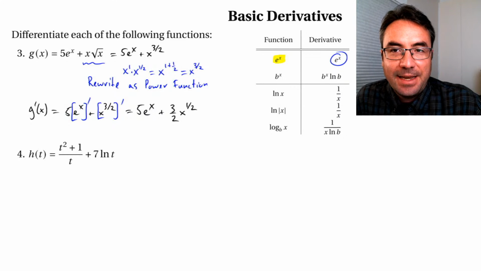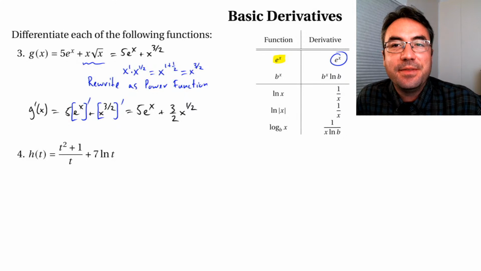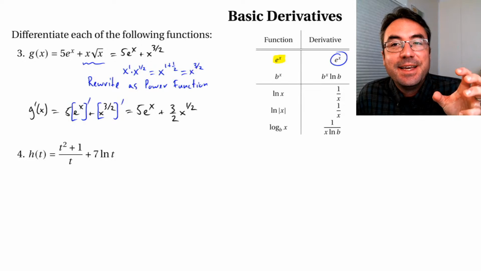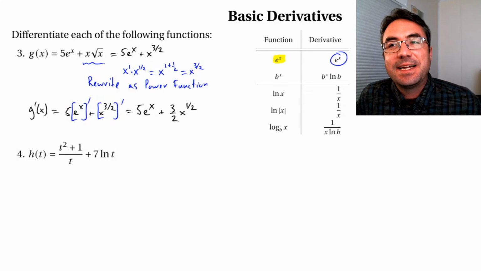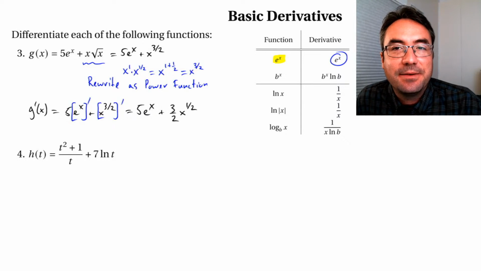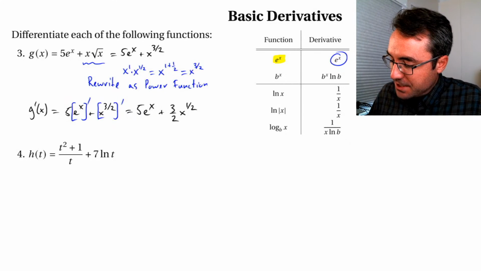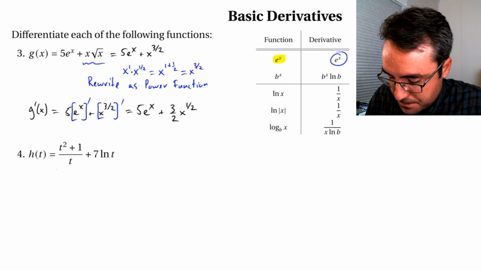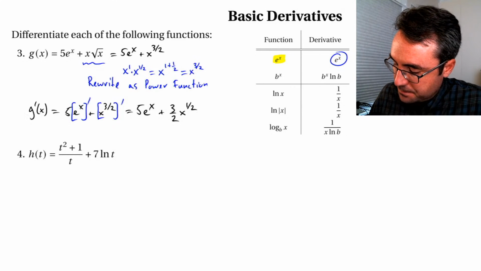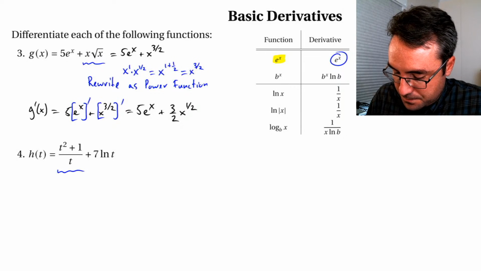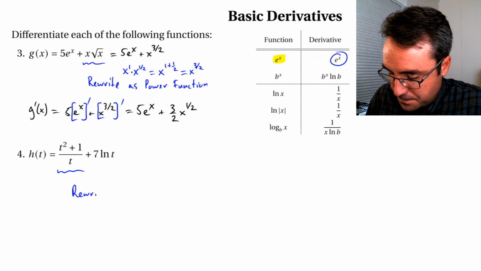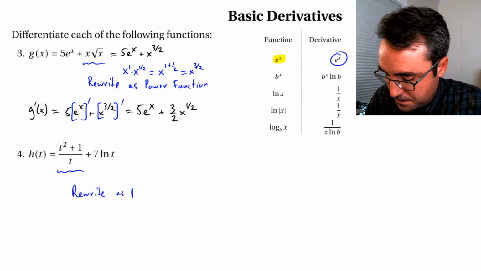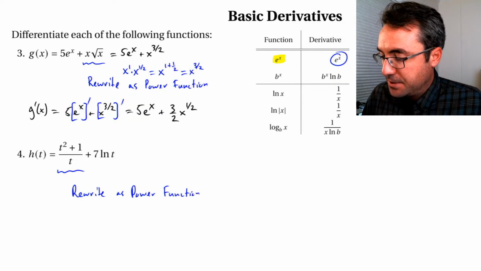And as this is written, again, we're kind of seeing another issue here in that that first piece now is not a power function. It's not something that we know how to handle yet. So same strategy, we want to rewrite that as a power function. So how does that look?